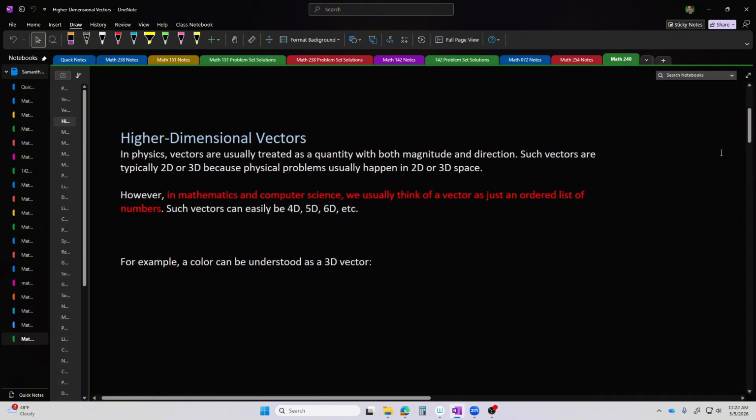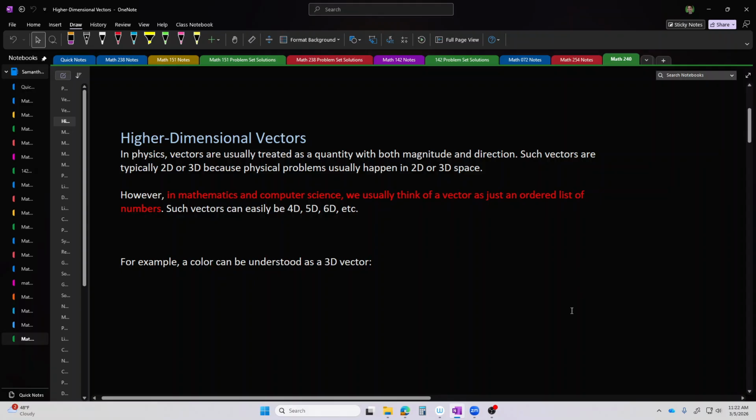So to make sense of 4, 5, 6-dimensional vectors, we need to change the way we understand vectors. In physics, we might treat a vector as a quantity with magnitude and direction. That's the physics definition of a vector. But in mathematics and in computer science, we don't tend to think about vectors this way.